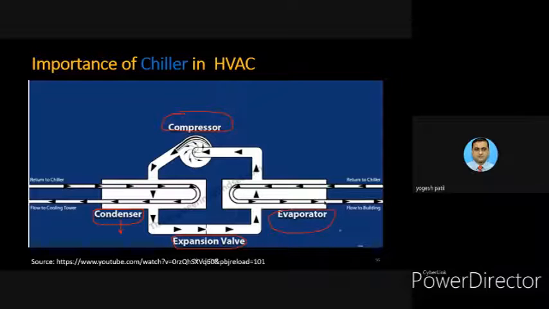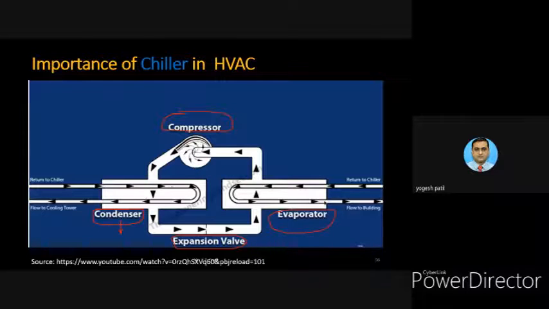Now let us look at the closed loop of this particular chiller. The compressor feeds the refrigerant in the form of high pressure, high temperature vapors. It is compressed and discharged to the condenser.